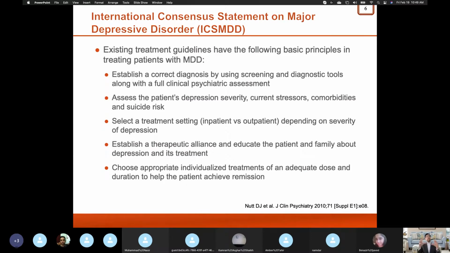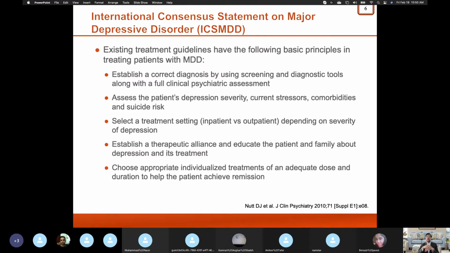Whenever you are seeing people in the clinics and the outpatient department and other places, I know that most of the time we don't use the screening instruments, but make sure that you have done an appropriate mental state examination and have asked about the majority of the symptoms related to depression. Second, assess the patient's depression severity, current stressors, comorbidities, and suicide risk.